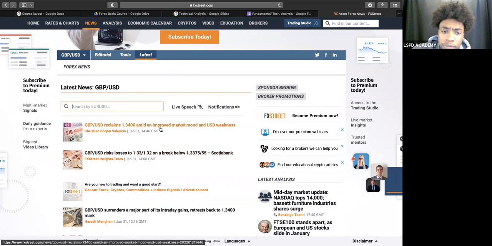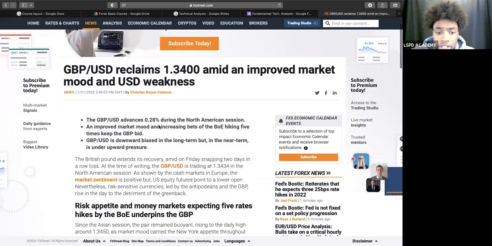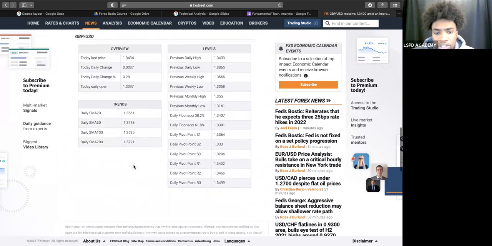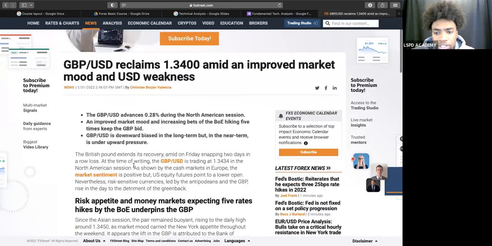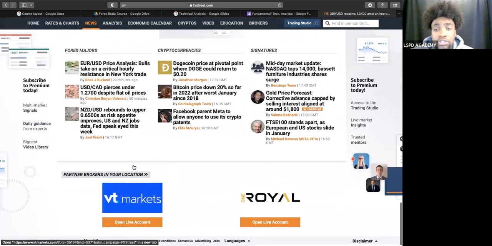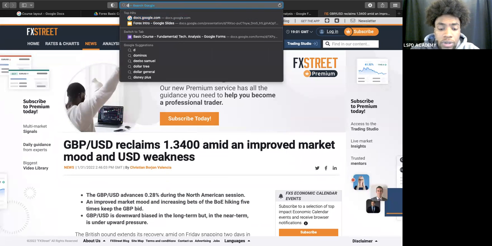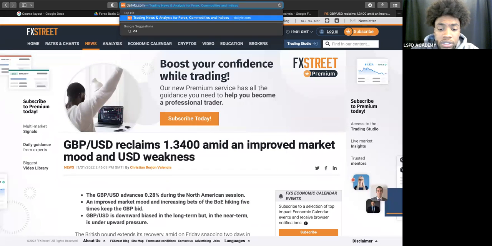So if we look here, we got GBP/USD reclaims 1.3400 amid an improved market mood and USD weakness, right? So it'll give you key talking points, and these articles provide good information that could be useful when trying to figure out what direction you want to swing in.